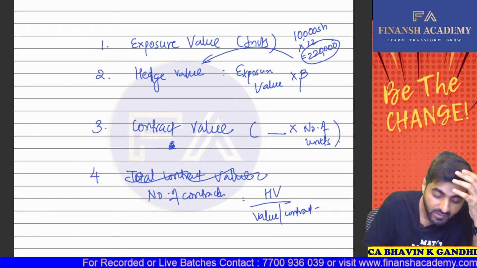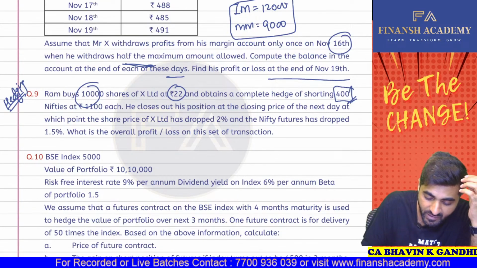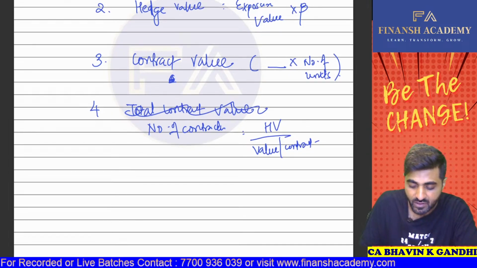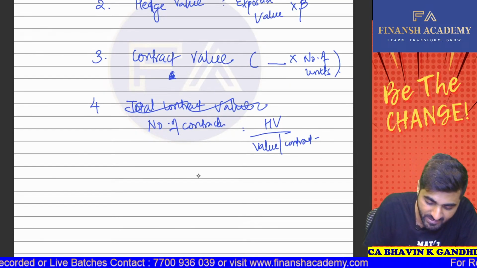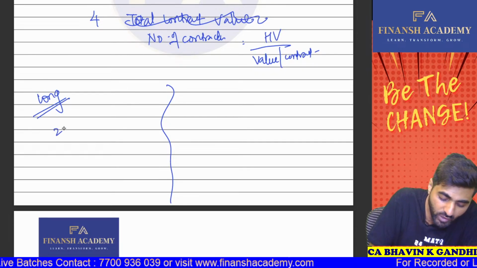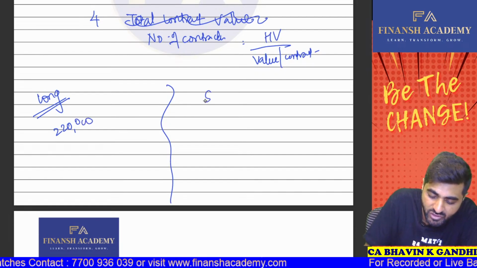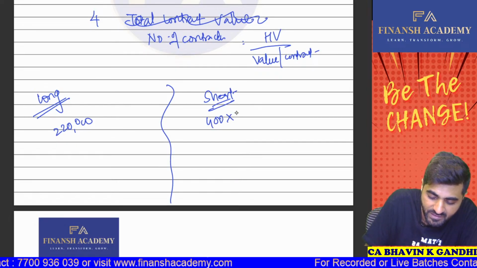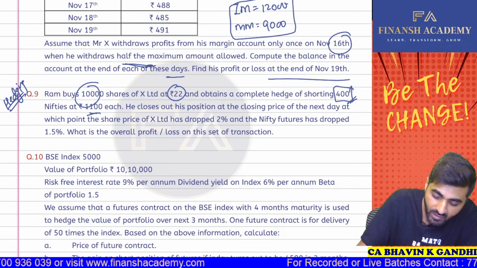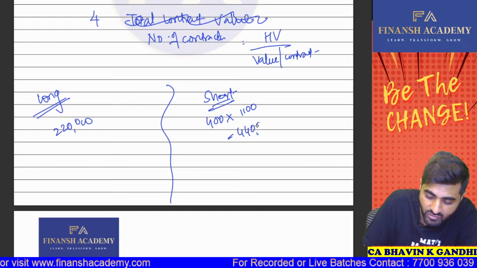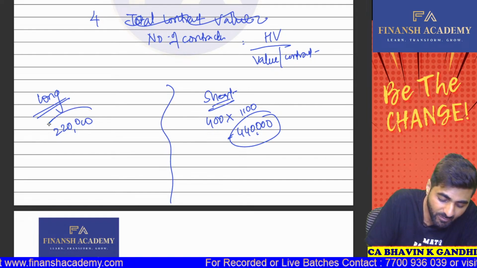Basically, I am long here with 2,20,000 and I'm short here with 400 Nifties into 1100 each, so that is 4,40,000. So here I'm short, here I'm long.